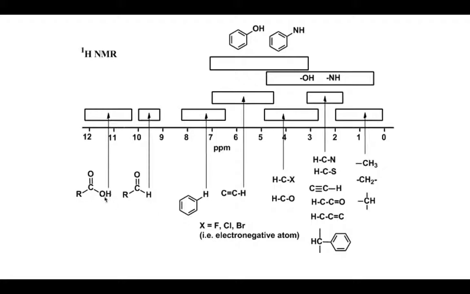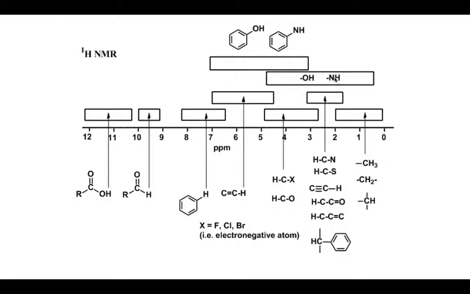But this hydrogen has very low shielding, and we would see it way up here between 11 and 12, very far downfield. Here we see some aldehyde hydrogens, also very far downfield. We see benzene hydrogens kind of here in the middle. Here we see halogen hydrogens, right? Hydrogen on a carbon, also with a halogen on it, kind of in this range.